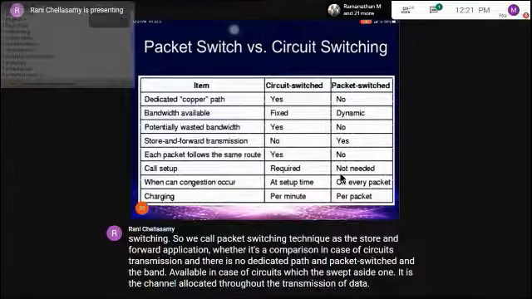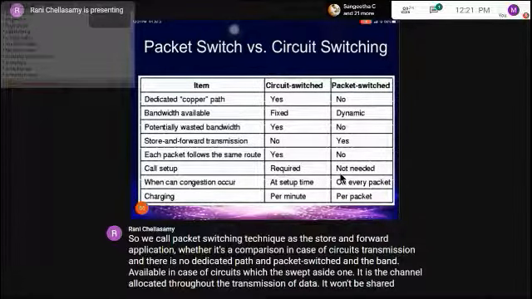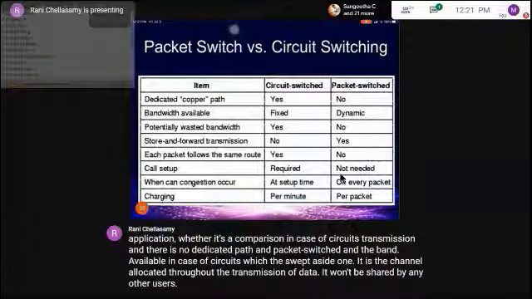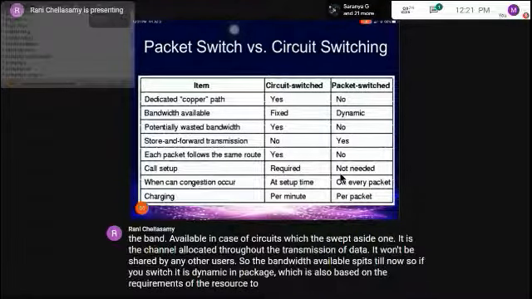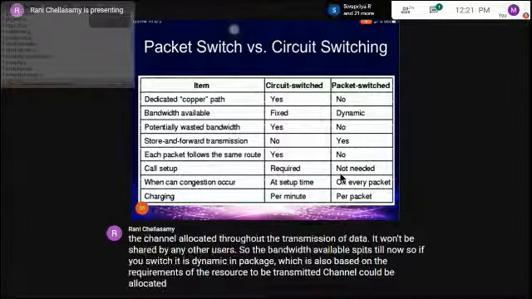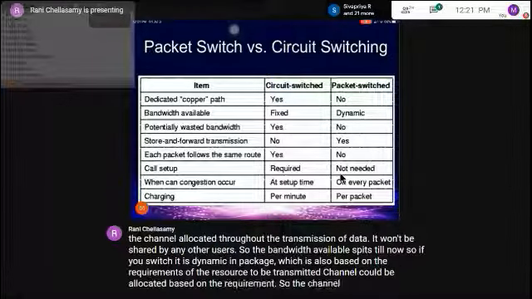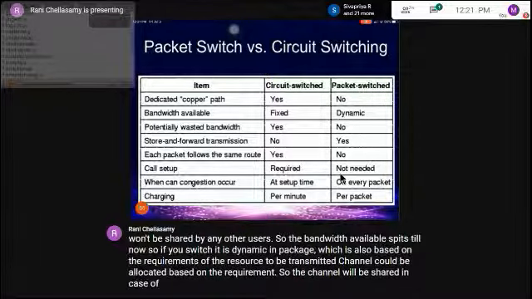It won't be shared by any other users. So the bandwidth is fixed in circuit switched and dynamic in packet switched. Based on the requirement of the resource to be transmitted, the channel will be allocated, so the channel will be shared in packet switched networking.